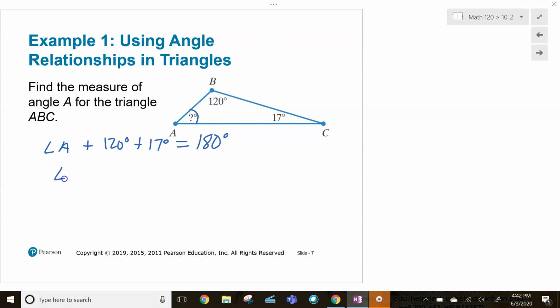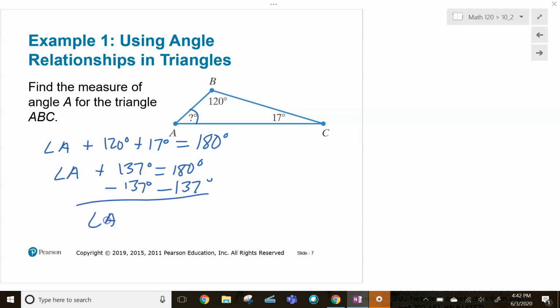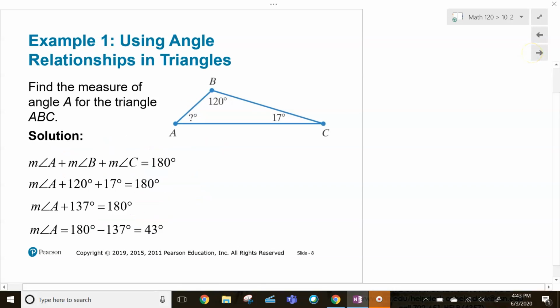So let's go ahead and solve for angle A. Add those two up right there, and we've got 43 degrees. So that angle right there is 43 degrees.